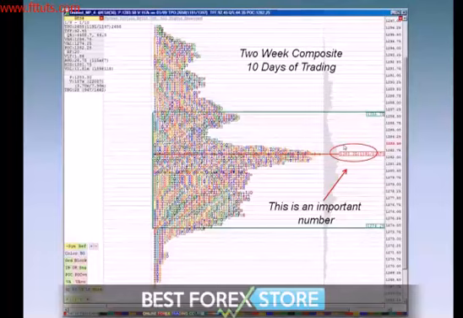So I really am interested in knowing what's going to happen when the market hits this number. Is it going to be able to continue its move in an upward direction, or will this number become resistance for it?